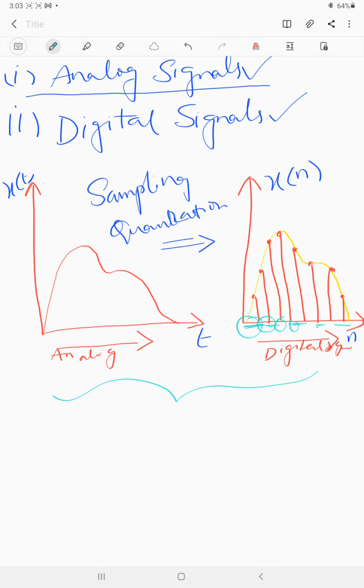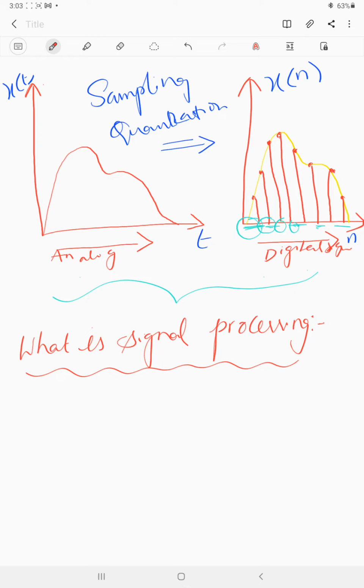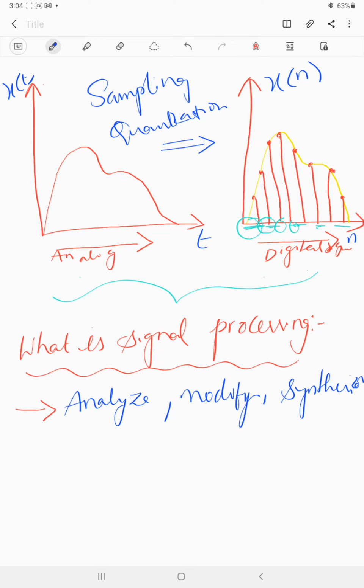Now let us understand what signal processing is. Signal processing is performed to analyze, modify and synthesize the signal.